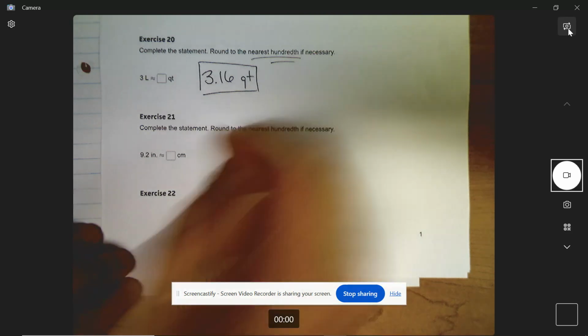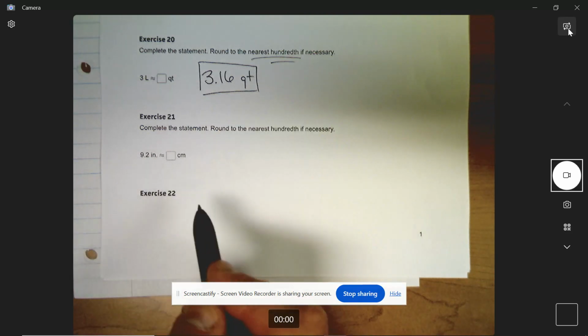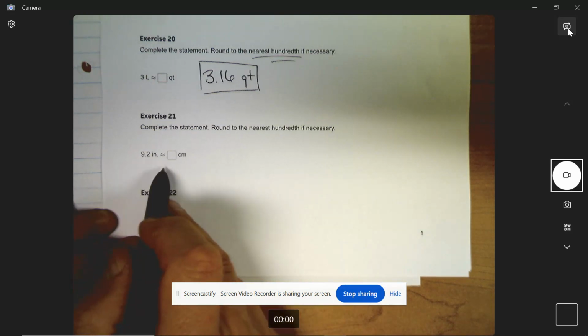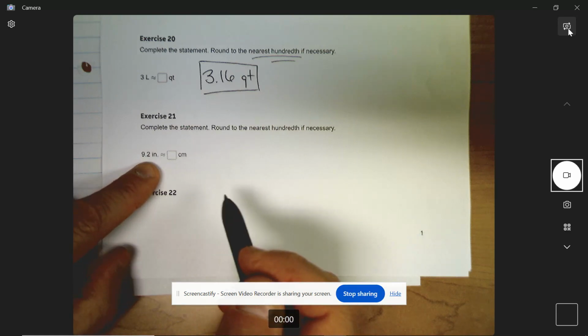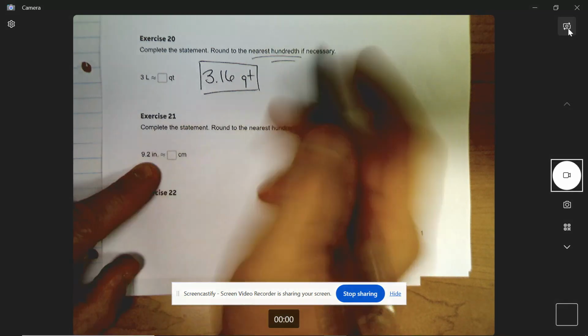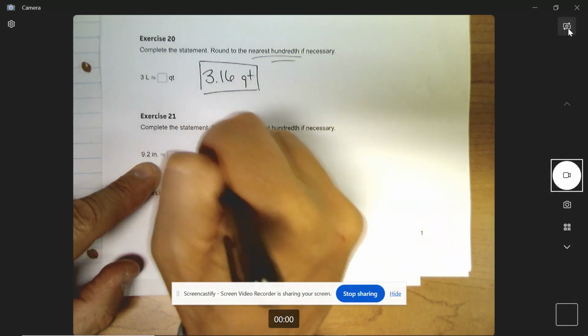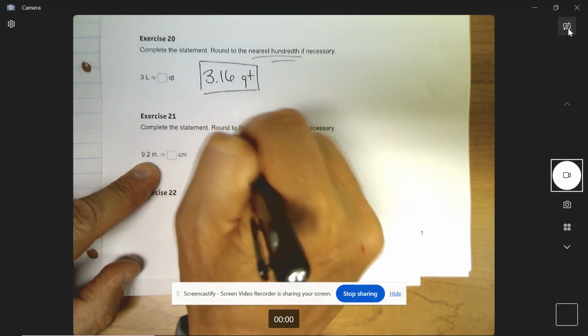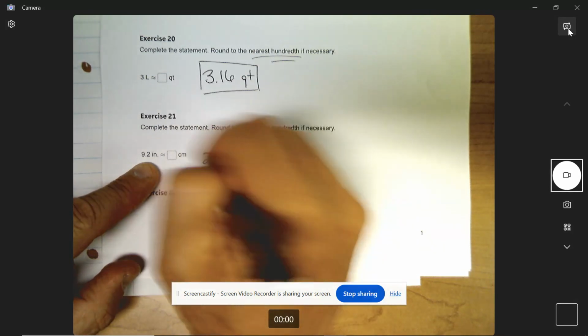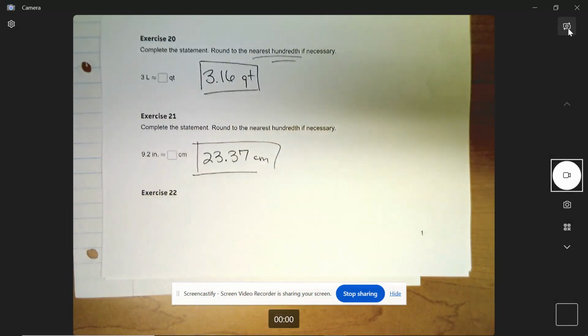So for number 21, when you get there, just type in 3.16. Now 9.2 is how many centimeters? It's going to be between 20 and 30. What is it, Miss Tracy? 23.37. So when you get to this one, write 23.37.